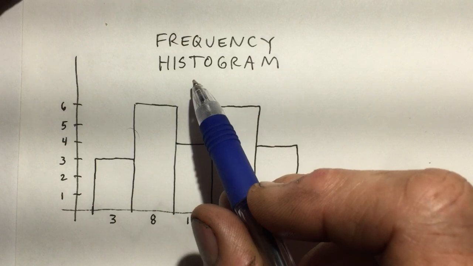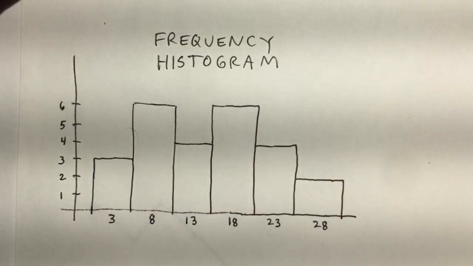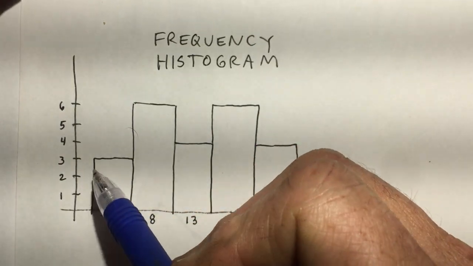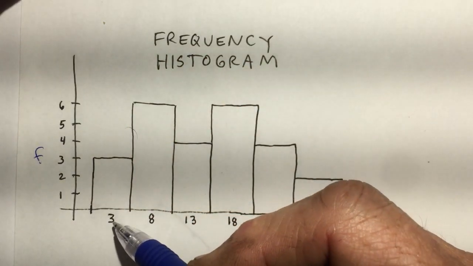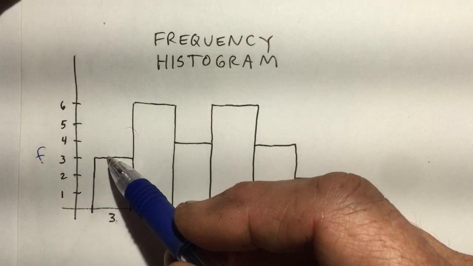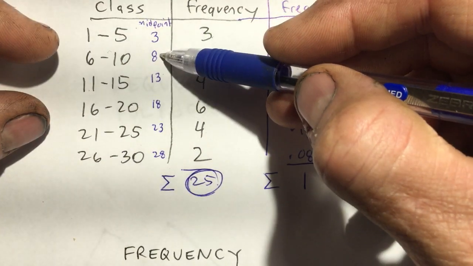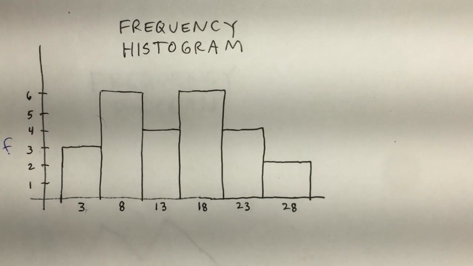One thing about the histogram, each one of these widths should be the same because the classes are the same, and they should touch. And then this goes up. This is the frequency here. And so you see the midpoint 3, and the midpoint 8. I just use the midpoints and these numbers here to make this frequency histogram.